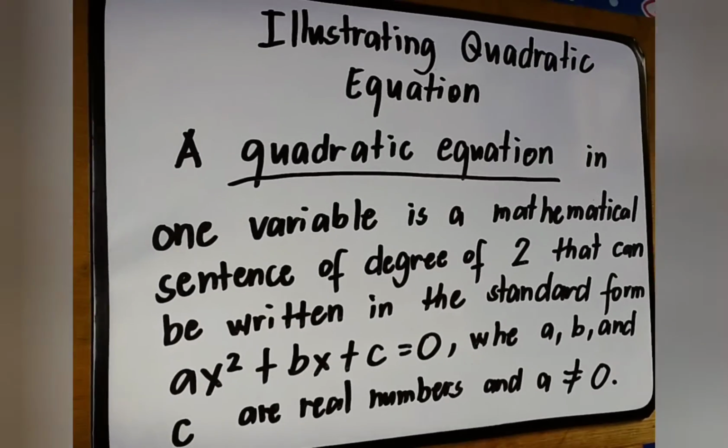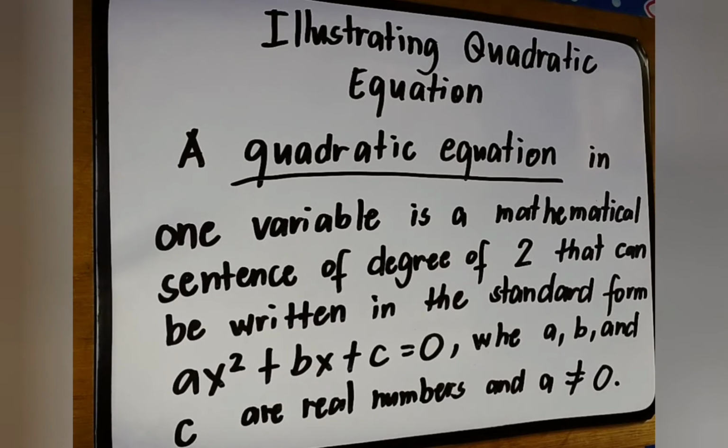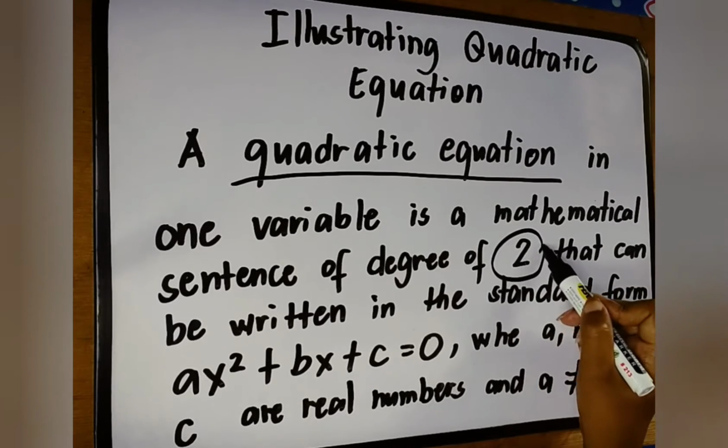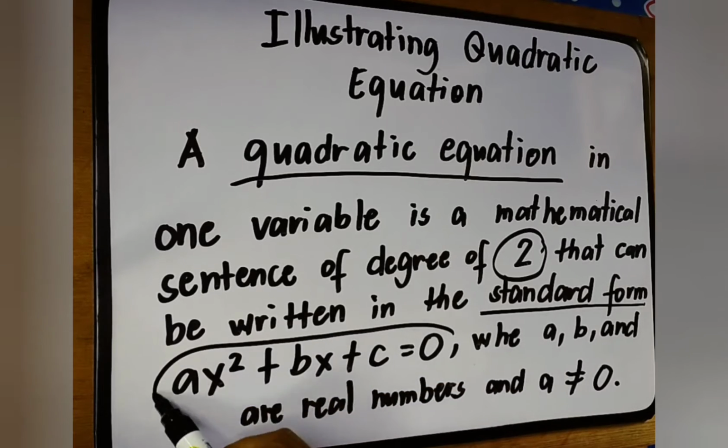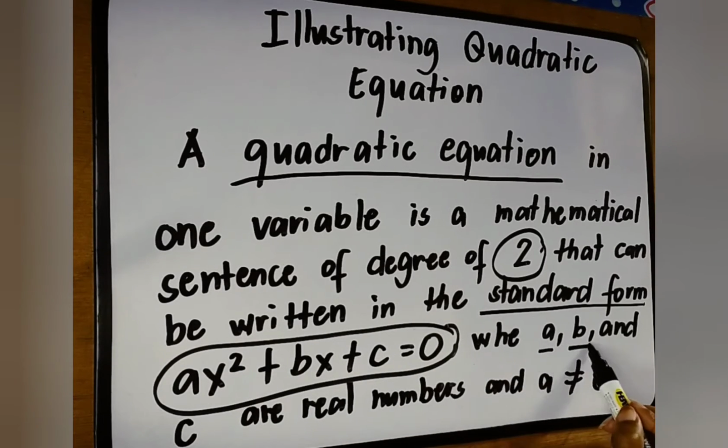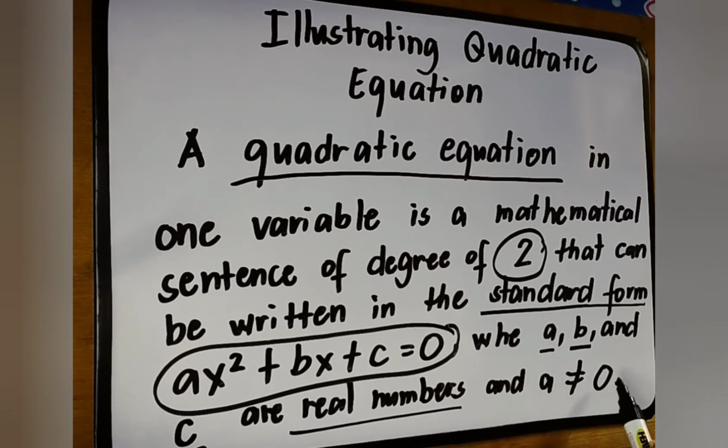What you need to remember about quadratic equation is that its highest degree is 2. The standard form is ax squared plus bx plus c is equal to 0, where a, b, and c are real numbers and a is not equal to 0.